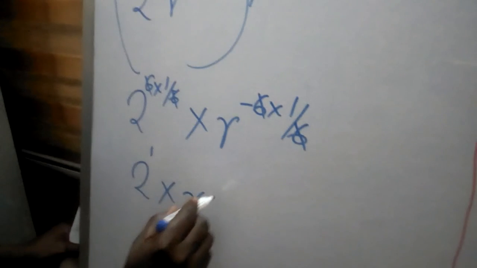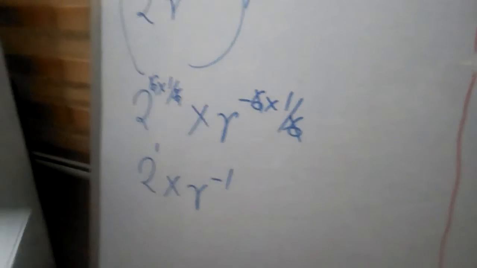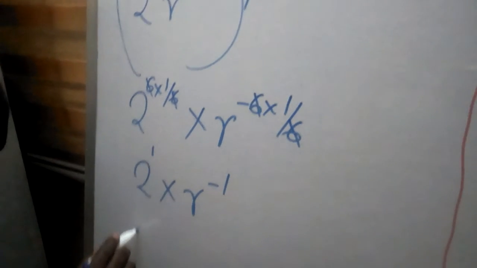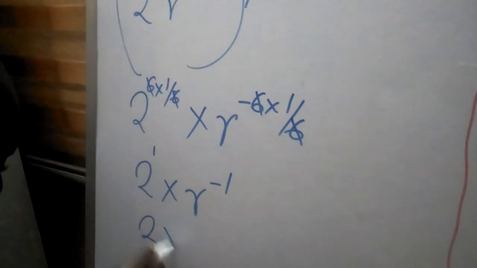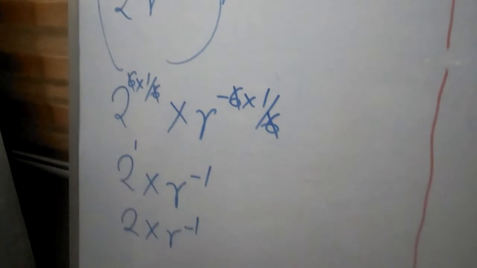So you now have 2 to the power 1 multiplied by minus 1. 2 to the power 1 is 2. So you now have 2 times minus 1. Minus 1, if you express it further, you now have 2 all over 6 as your answer.